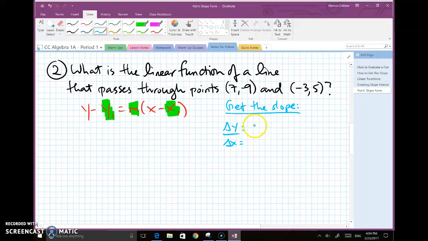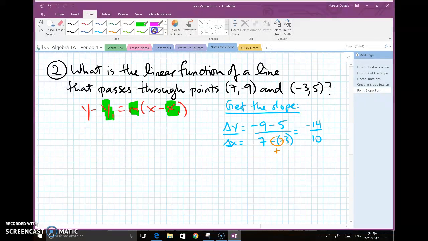So I'll go with negative 9 first. So negative 9 changes into a 5. And then in the same direction with the x's, 7 changes into a negative 3. And I have a double negative there, so this will have to become a positive. And that will give me, in the numerator, negative 14, in the denominator, 7 plus 3, which is therefore 10.